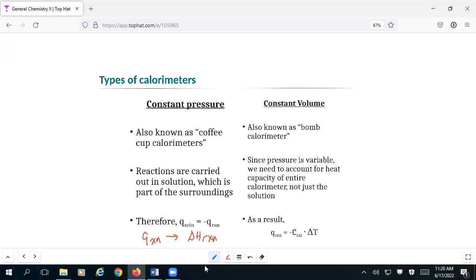There is another type of calorimeter. It's called a constant volume calorimeter. This is more of an isolated kind of system as opposed to a closed system, or closed-ish as we were calling it earlier this week, because it's almost impossible to get that calorimeter perfectly closed. There's always going to be a hole or some sort of crack for matter to get in and out of.